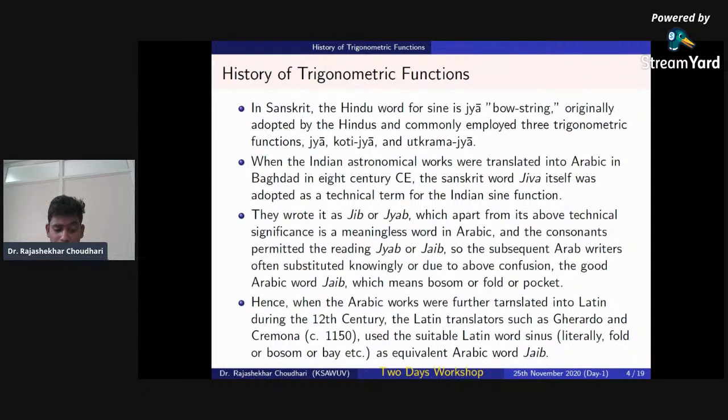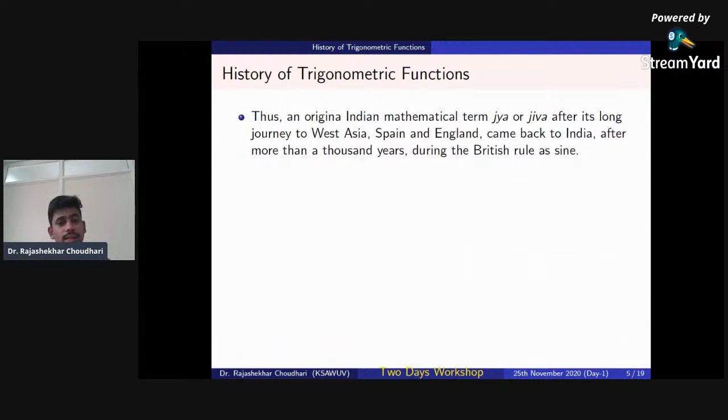So sinus is equivalent to the Arabic word Jaib, which is also equivalent to the Sanskrit word Ja. Thus an Indian term, Ja or Jiva, after its long journey to the West Asian and European countries, came back to India after several decades as sine in the British rule. So this was regarding the history of the sine function.